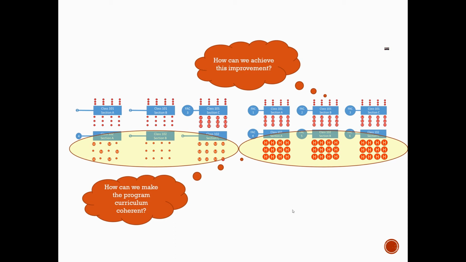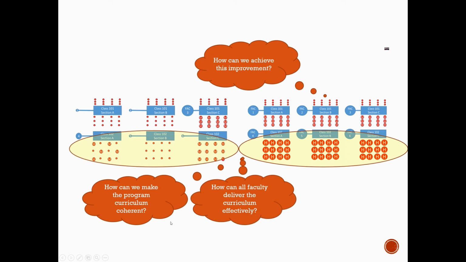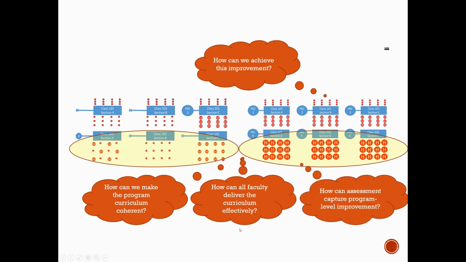Related questions are, how can we make the program curriculum coherent? How can all faculty deliver the curriculum effectively? And how can assessment capture program level improvement? The example you just saw could also be related back to weigh pig, feed pig, weigh pig. The first system had those outcomes that weren't so great.